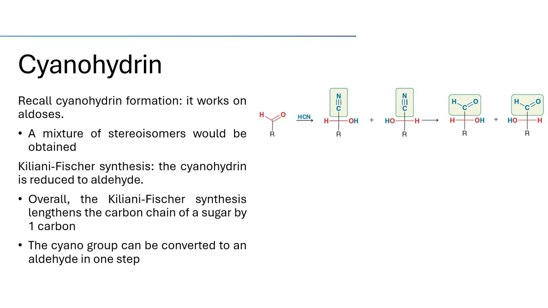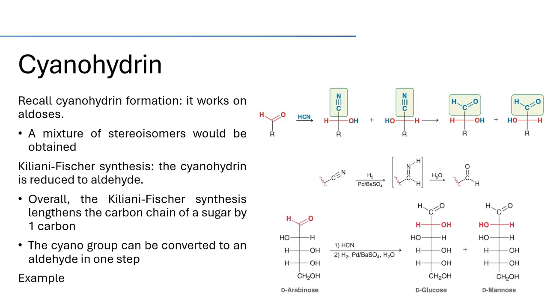The cyano group can be converted to an aldehyde in one step. For example, if we have D-arabinose reacted with first HCN followed by hydrogen gas in the presence of palladium on barium sulfate and water, that will result in the addition of 1 carbon.